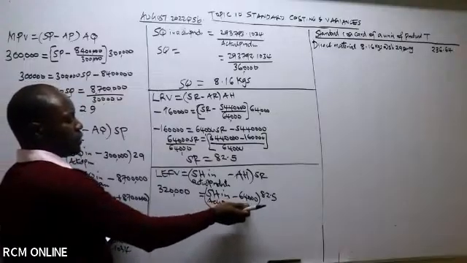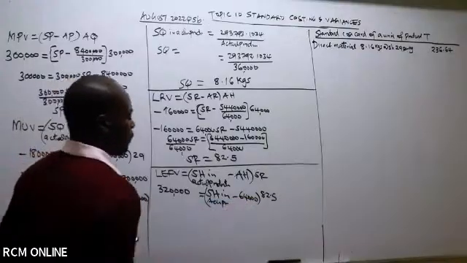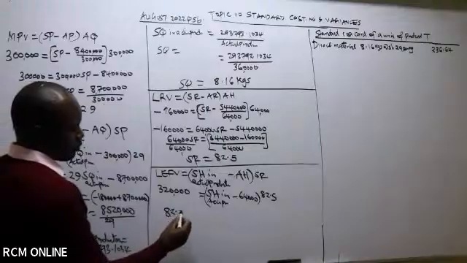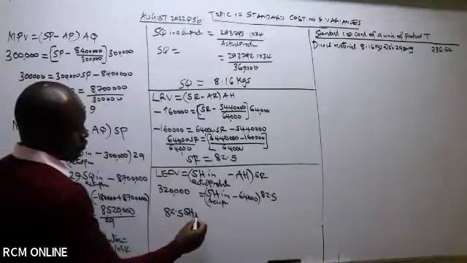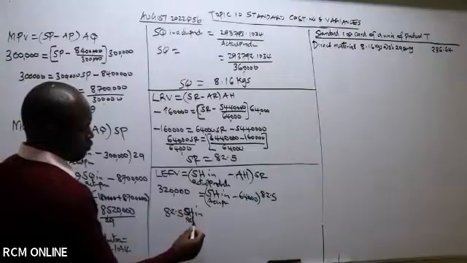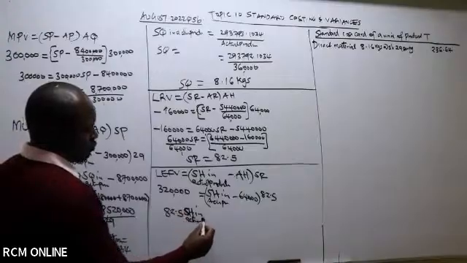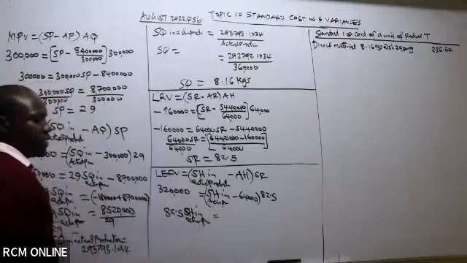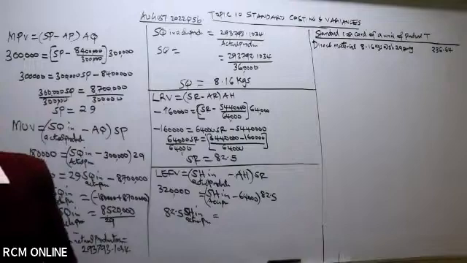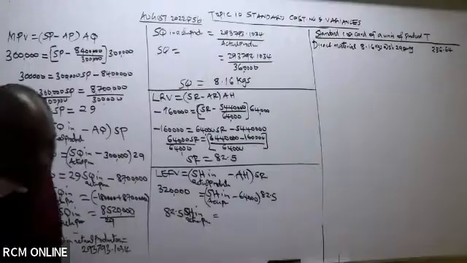When you take 64,000 by 82.5, what are you getting? Is it 5290 or 5280? 5280.